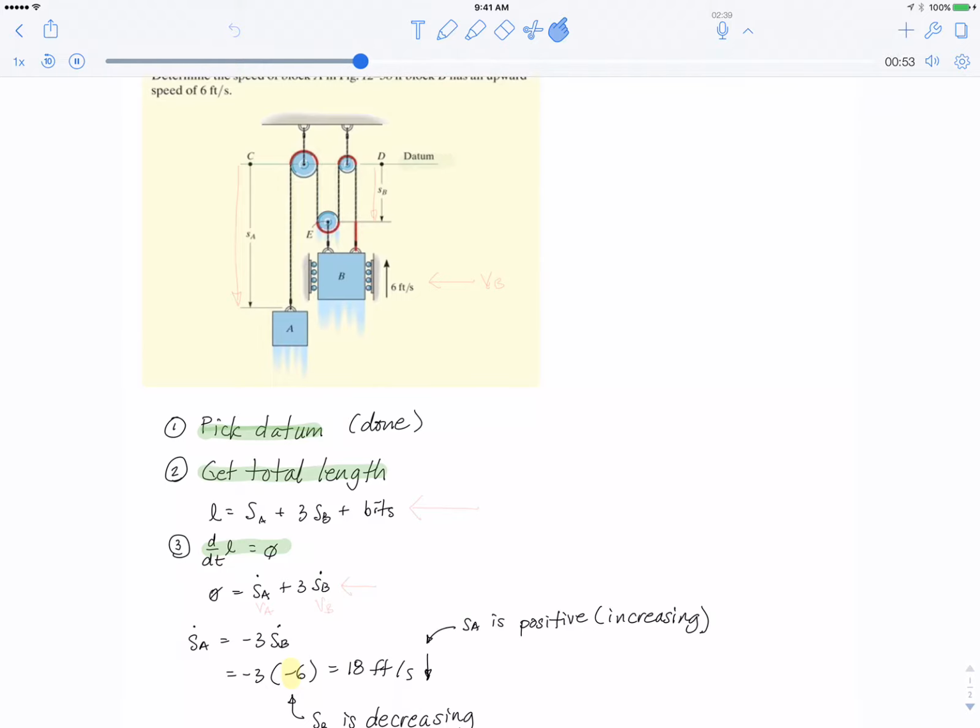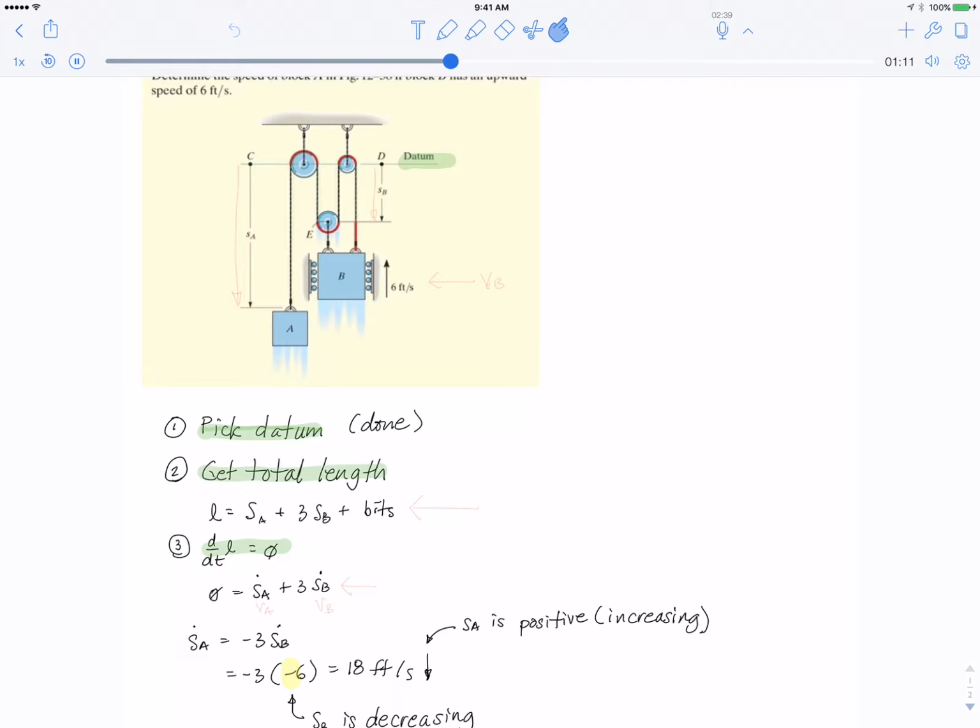The datum's already been picked, and if you see up here in the picture, that's the datum. We're measuring everything from the pulleys. We now need to get the total length, so let me highlight the lengths of the rope.